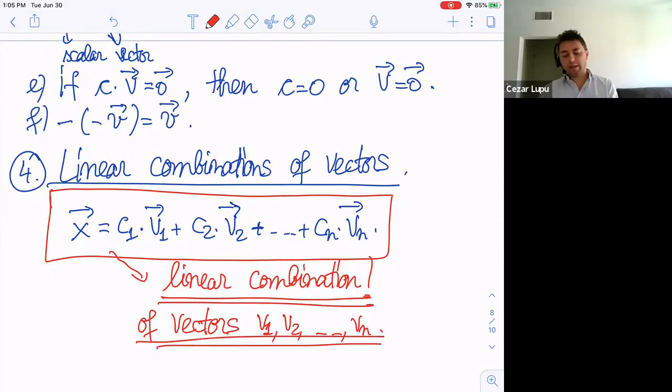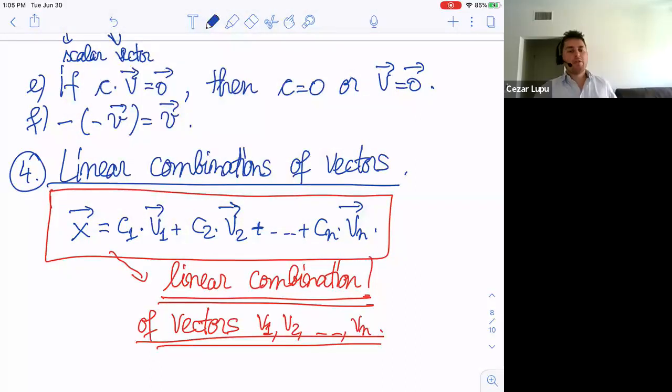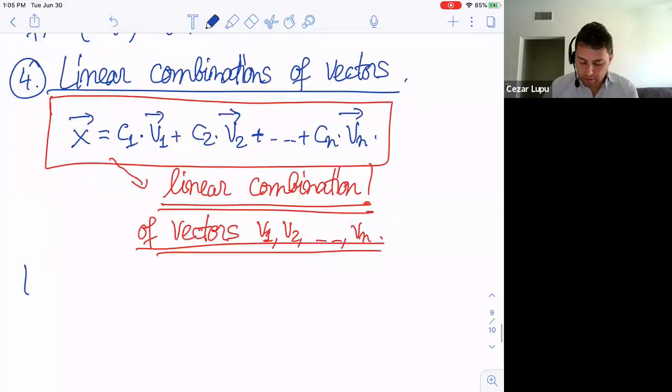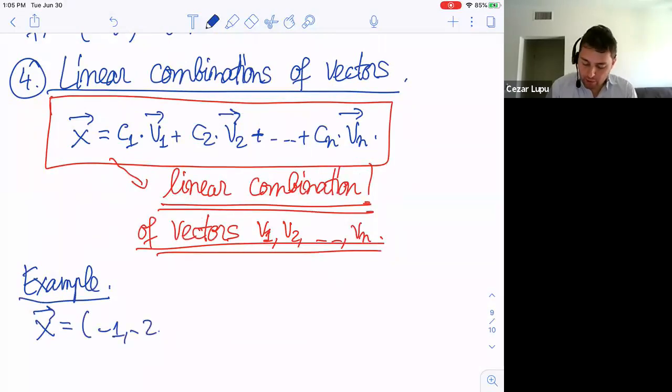Now let's see some examples. We want to see what kind of vectors we can write as a linear combination of other vectors. Let's give a quick example. Let's consider x to be -1, -2, 2.